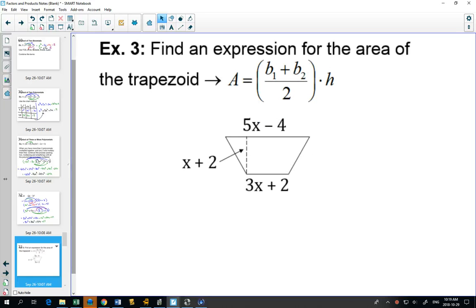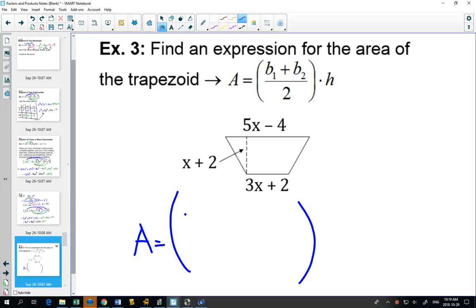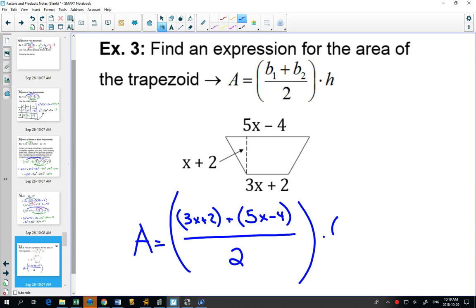So if I set up the algebra, my area would equal big set of brackets, base 1, which is 3x plus 2, plus base 2, which is 5x minus 4, all divided by 2, multiplied by the height, in this case, is x plus 2.